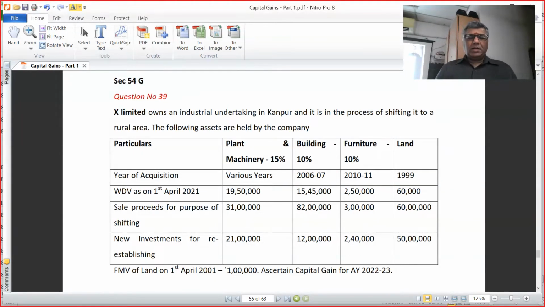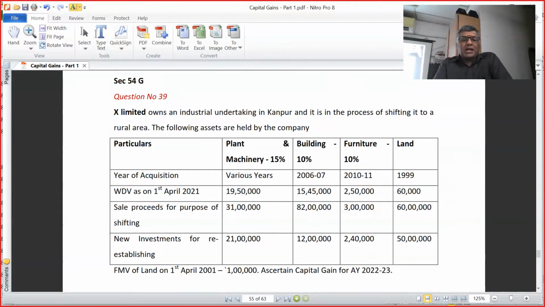Question number 39. X Limited owns an industrial undertaking in Kanpur, and it is in the process of shifting to a rural area. Assets are plant and machinery, building, furniture, land, with year of acquisition, opening WDV, sale proceeds for the purpose of shifting, and new investment for re-establishing.